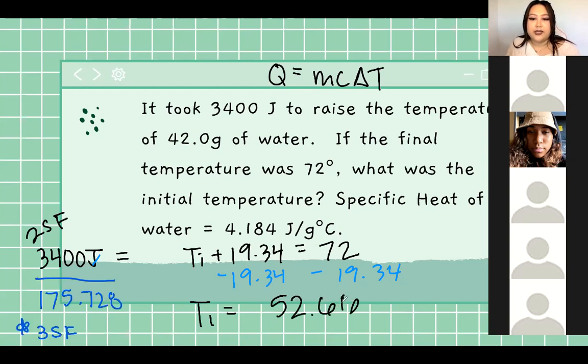We had mentioned earlier that this 19 would have been 2 sig figs, and I guess it doesn't really matter because this one has 0 decimal spots, right? So what would this actually turn to? Yeah, 53. 53 degrees Celsius.